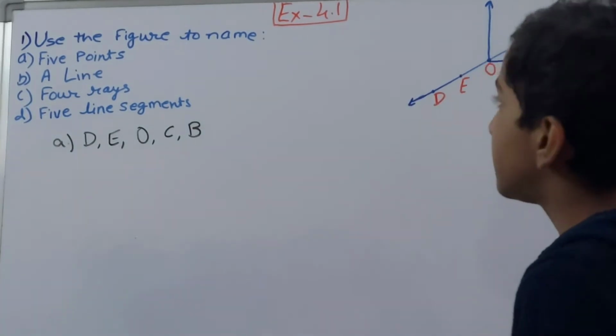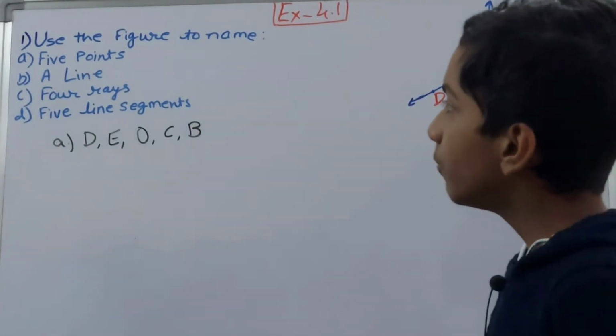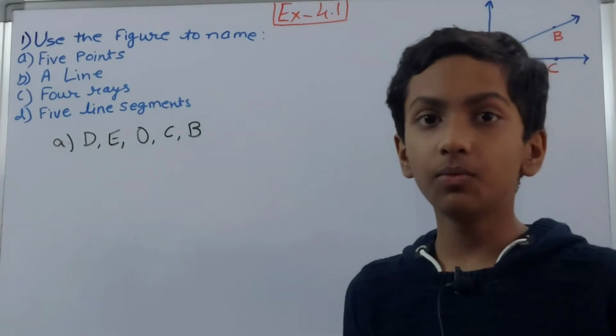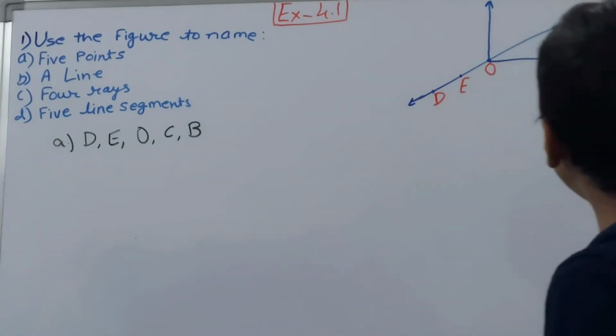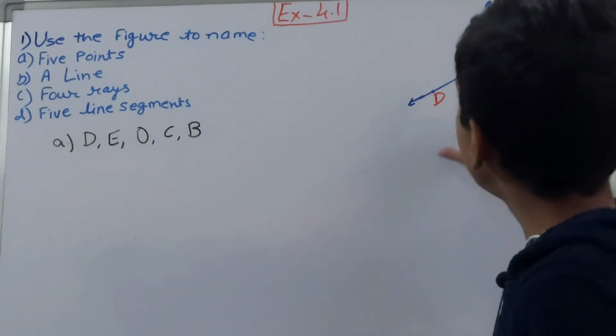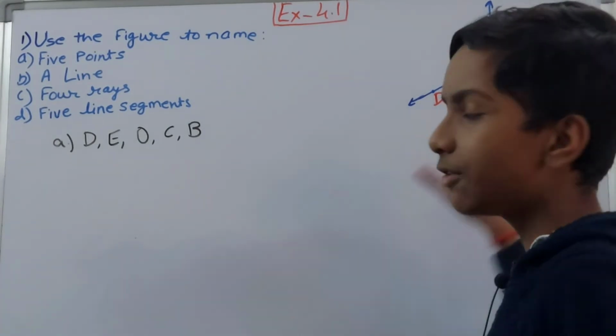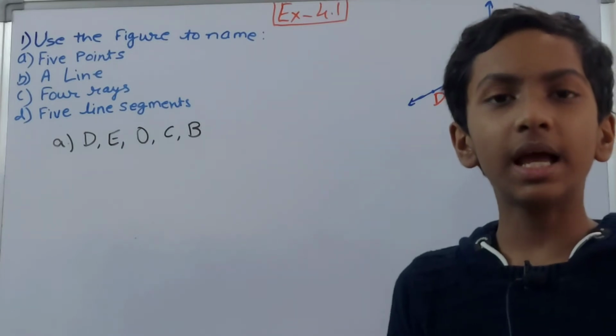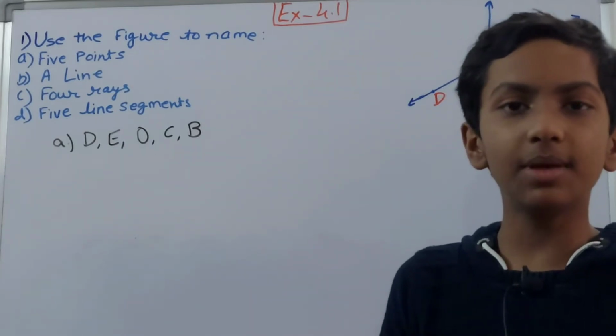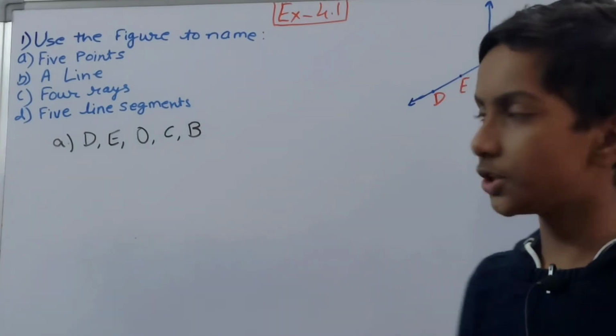Then next one, a line. Now for a line we have to see what we can take here. If you take a line from O to C, that will be wrong. It will be a ray. A line has to have 2 arrows so it can be extended in both directions.